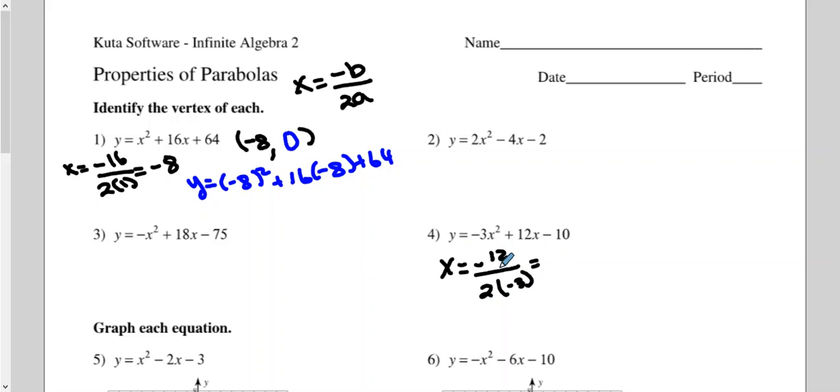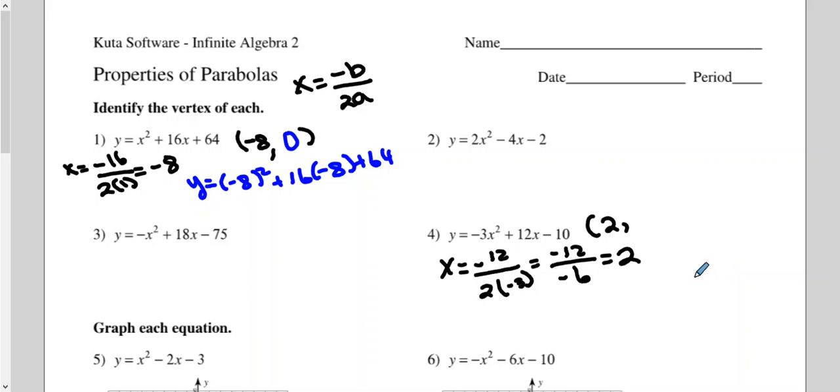So that's negative 12 divided by 2 times negative 3, so negative 12 over negative 6, and that is equal to positive 2. So the x-coordinate of my vertex is positive 2.